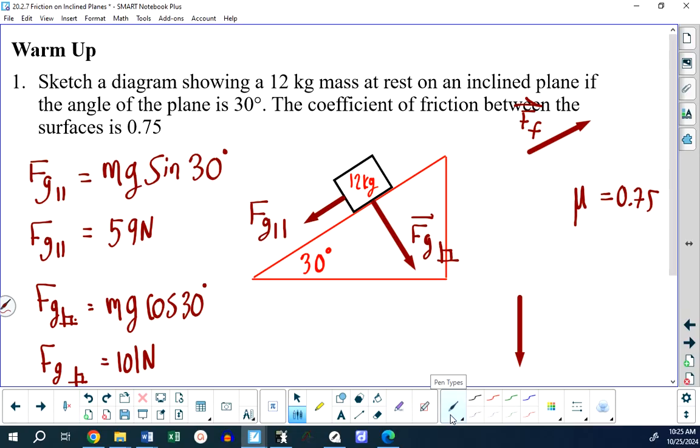Are there other forces? Who can tell me one other force that is acting on this object at this point in time? Ephraim? And the normal force has what value? We know the value of the normal force. It's 101 newtons. Because the normal force is the force pushing the box perpendicular to the ramp.